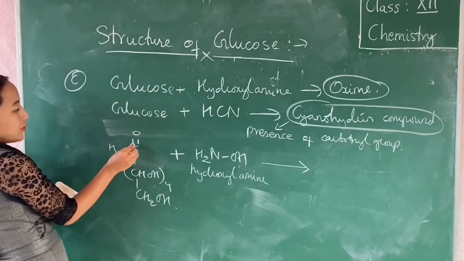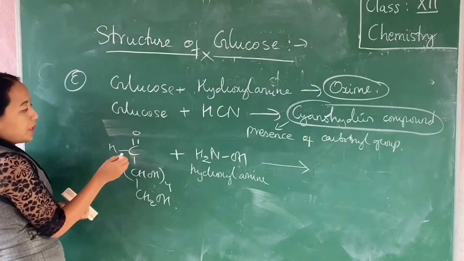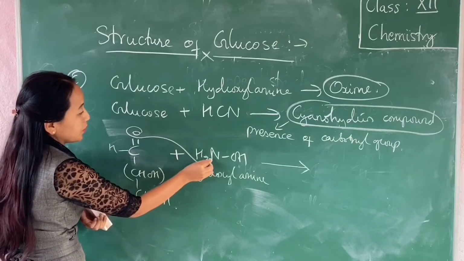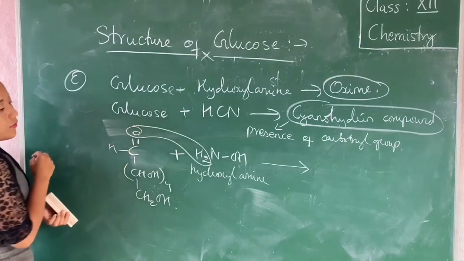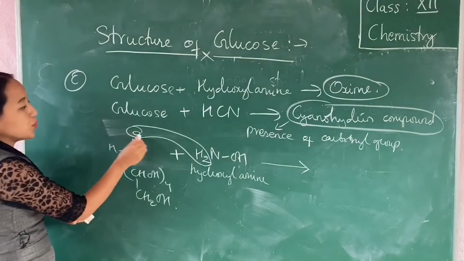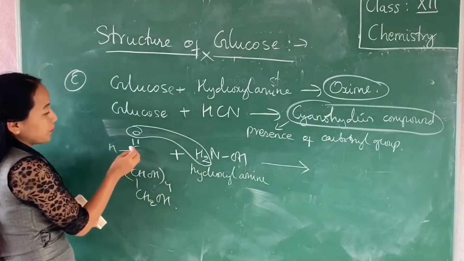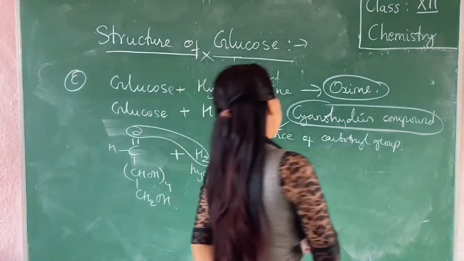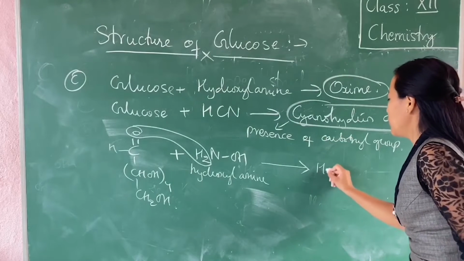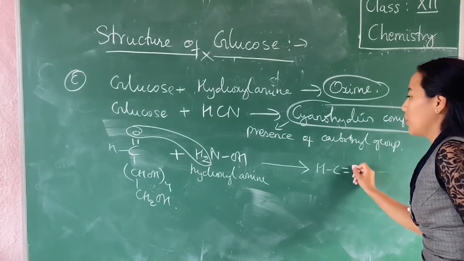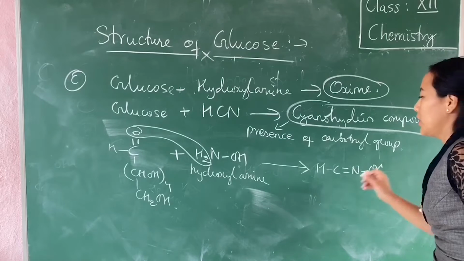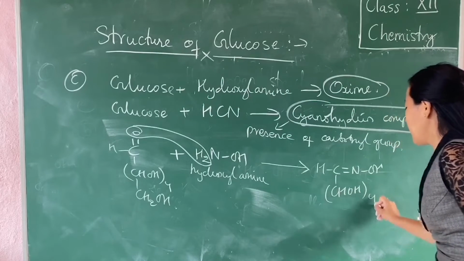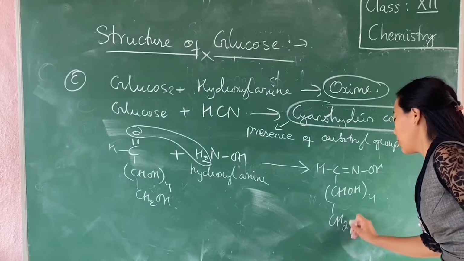Now this O double bonded to the carbon atom will leave with H2 from the amine group in the form of water, and this double bond is connected to the nitrogen atom. So you will get HC double bond NOH, then CHOH four times, and then CH2OH.